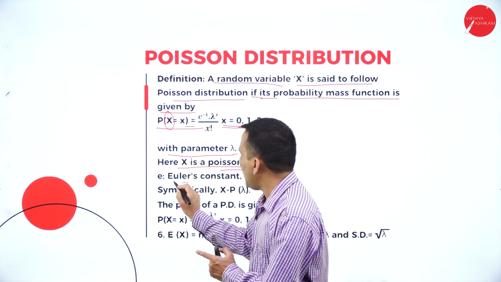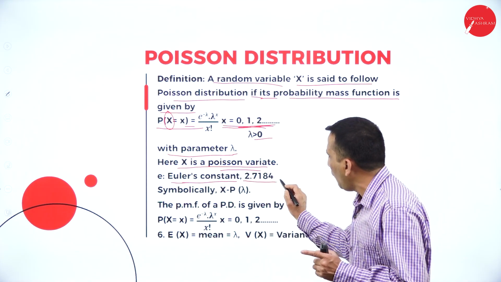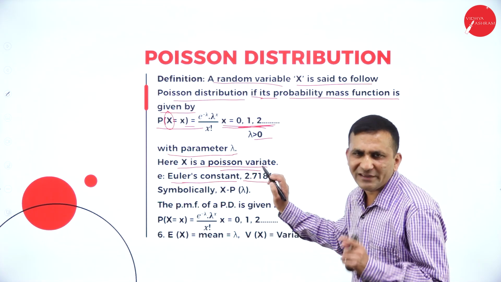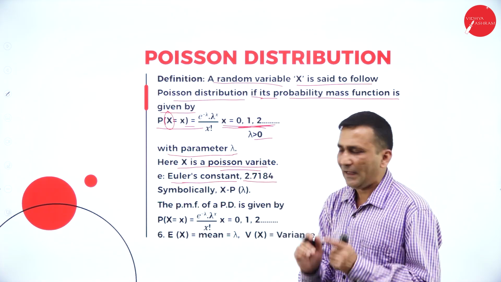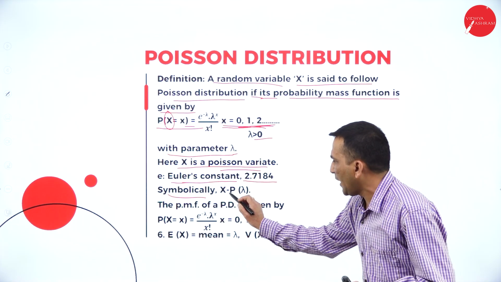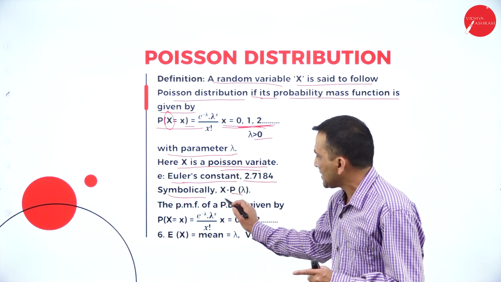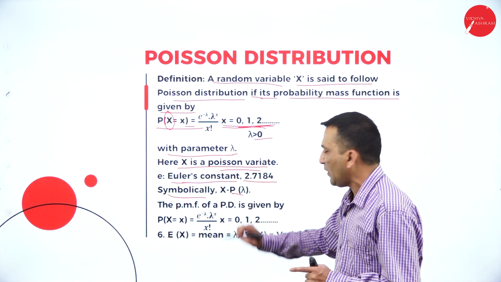E stands for the Euler constant value, which is 2.7184. Symbolically it is P of lambda. X is a discrete random variable, so it is P of lambda.